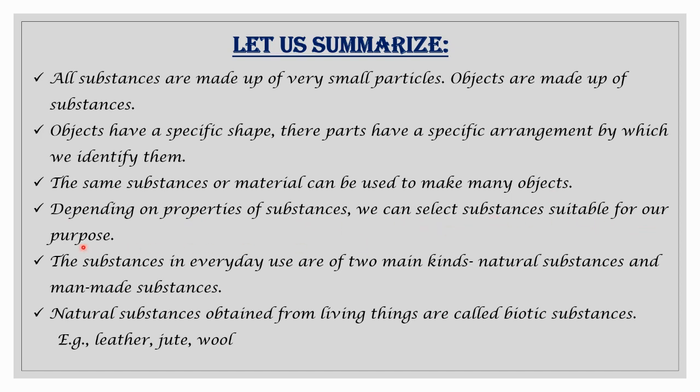The substances in everyday use are of two main kinds, that is natural substances and man-made substances. Natural substances obtained from living things are called biotic substances, for example, leather, jute, wool.